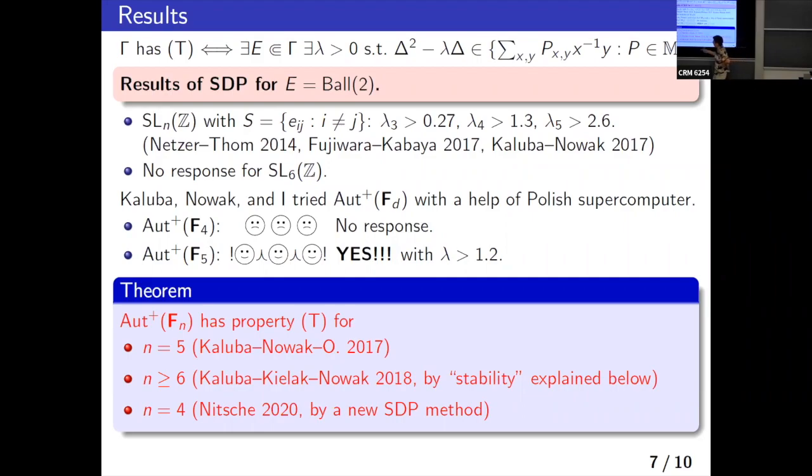For the n equal 4 case, another SDP method was invented by Nitsche in 2020 and it was confirmed as property T. So I think the proofs are more rigorous than human proofs now, because there are different implementations and they gave us similar results.